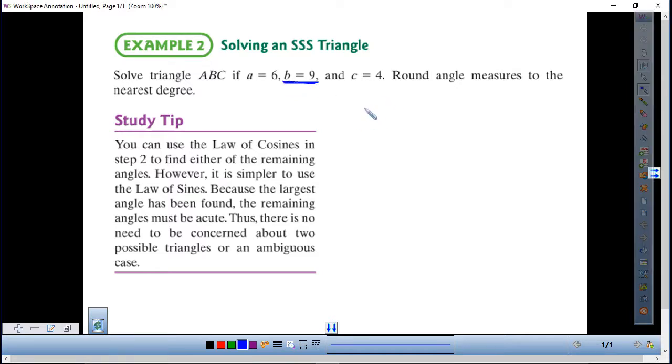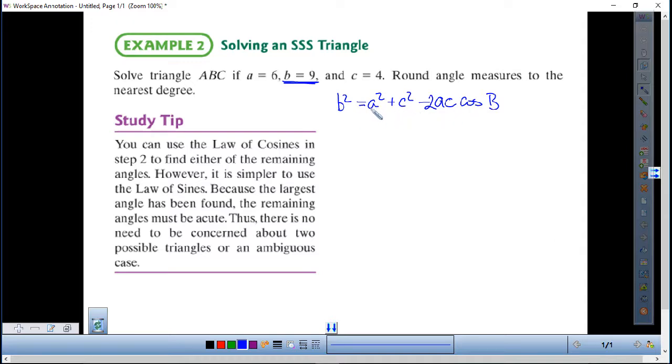So that means we're going to end up with b squared equals a squared plus c squared minus 2ac cosine of B. Now, what we're going to do is move everything else over to the other side and solve for cosine B. You can do that before you put anything in, and that's what I'm going to do.